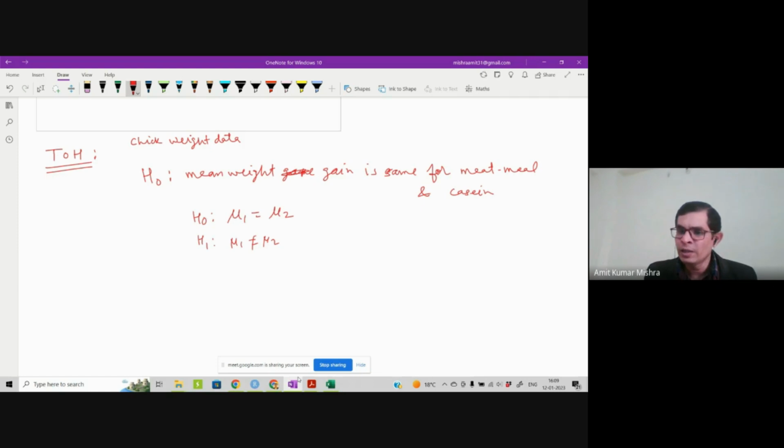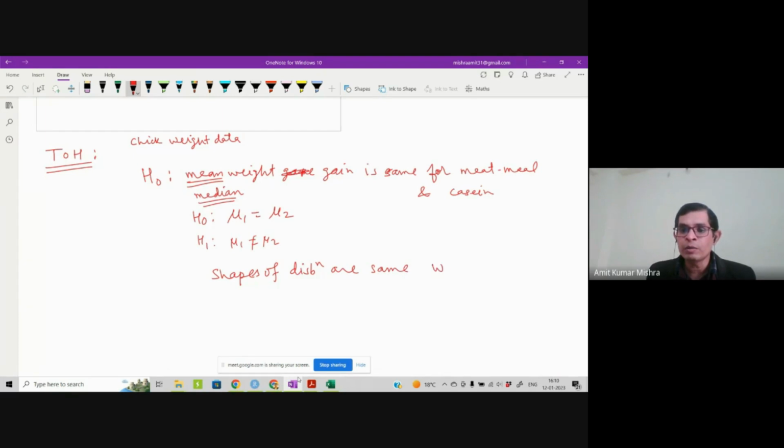All of you know that you may use the t-test. Or instead of the mean, you may be interested in the median. For that you can use the Wilcoxon rank sum test. Or instead of the median, we may be interested in whether the shape of the distributions is the same.